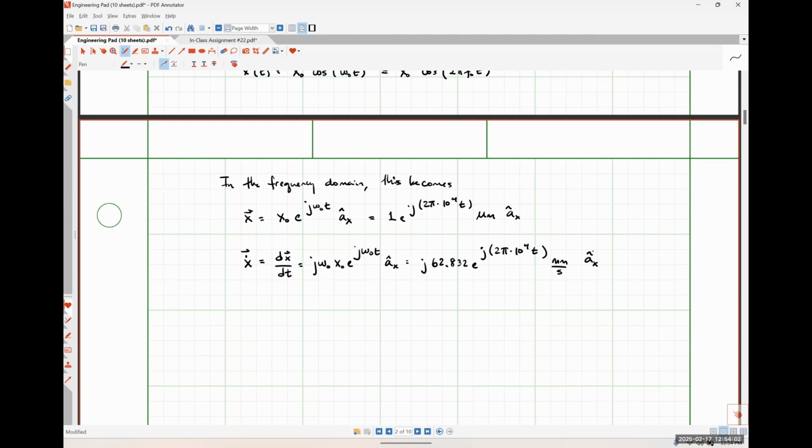So just to be super clear, this is 1 micron times 2 pi times 10 to the 4 radians per second, where radians are a dimensionless quantity, and because we're going to have an answer that's well over 10,000 micrometers, that's why I'm choosing to represent it in millimeters per second.